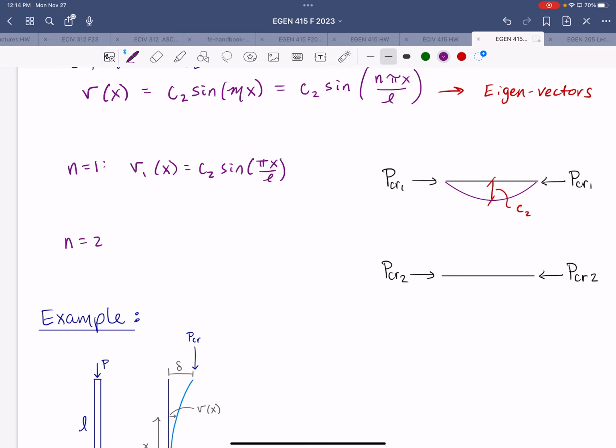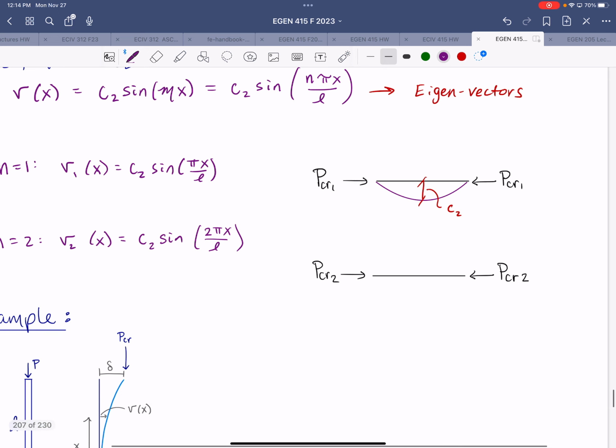When n is equal to 2, that second eigenvector is, according to the function C2 times sine of 2 pi x over L. And the deflected shape associated with that would be something like this. Not that.